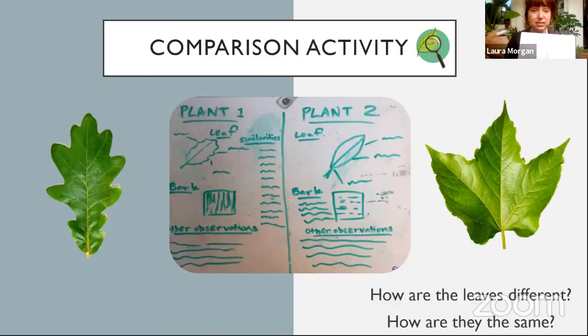I want you to write down as many observations as you can, what you notice, what you wonder, what it reminds you of. Maybe they remind you of the same thing or different things. And my leaves are kind of large, but one thing that I really like to do is I'll even trace the shape of my leaves because I'm not the best artist.